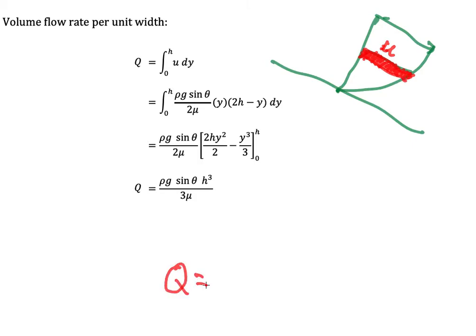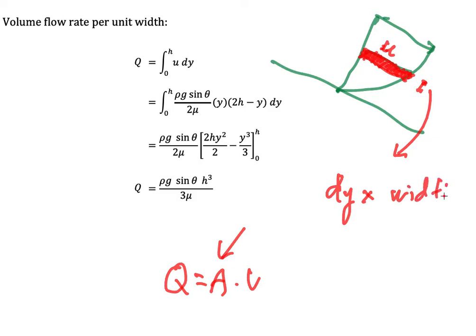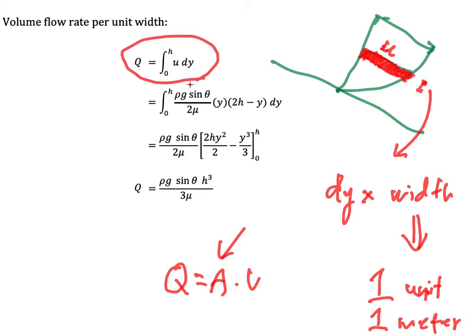We have Q is equal to A times V. A here is the cross-sectional area, which is dy times width. Normally in this 2D diagram, we assume that the width is actually 1 unit. If you're not familiar with the idea of 1 unit, just imagine that the width is 1 meter, so it will not appear in the equation.